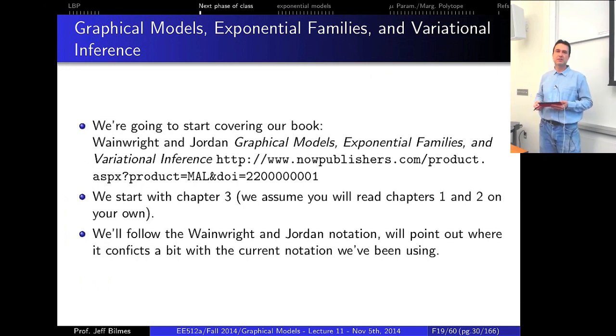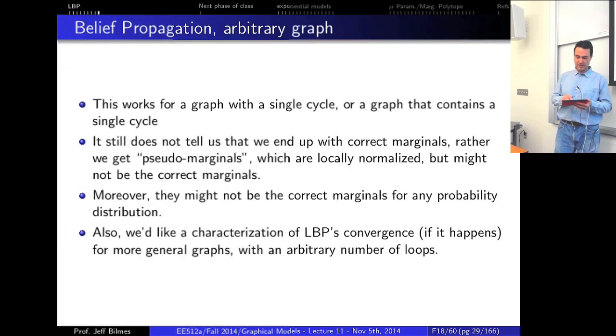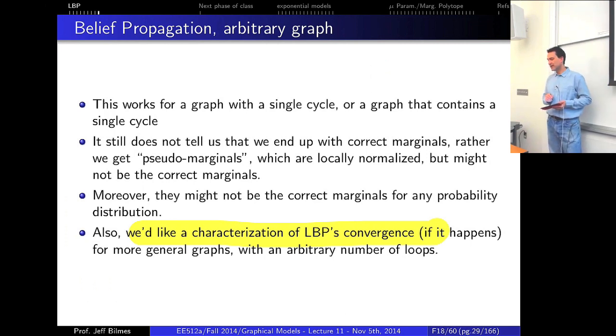There have been some advances since then, but I think this is still a pretty modern text, and a lot has been done since that first result. For example, we'd like to characterize loopy belief propagation's convergence, if it happens, for graphs that are more general than just a single loop.